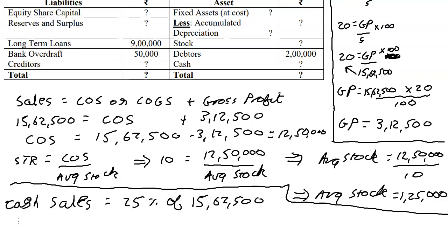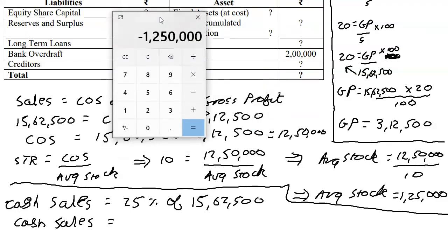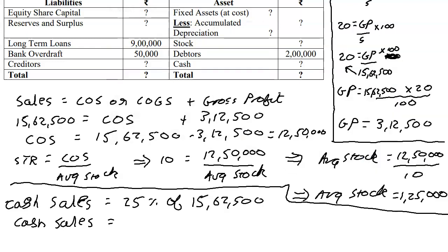So cash sales is going to give me 15,62,500 into 25 by 100, which is 3,90,625.